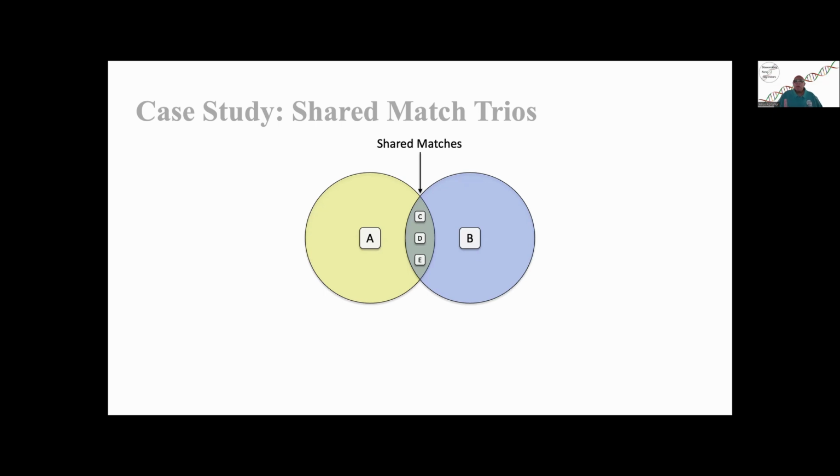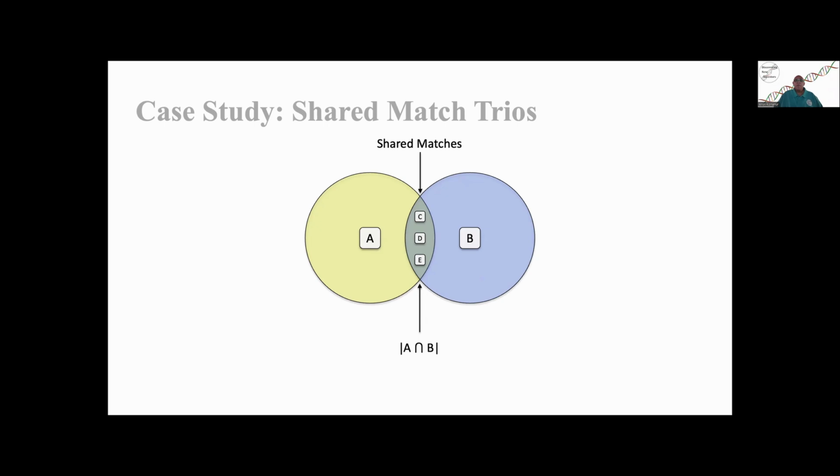Now, I warned you there would be math, but it's not going to be number math, so here's a little bit of that. We can refer to the matches shared by both A and B as the intersection of A and B, or A intersect B, which we write like this with the little upside down U. And if we want to talk about how many people match both subject A and B, we can talk about the magnitude of the intersection of A and B by putting these vertical bars around the A and B intersection notation like this.